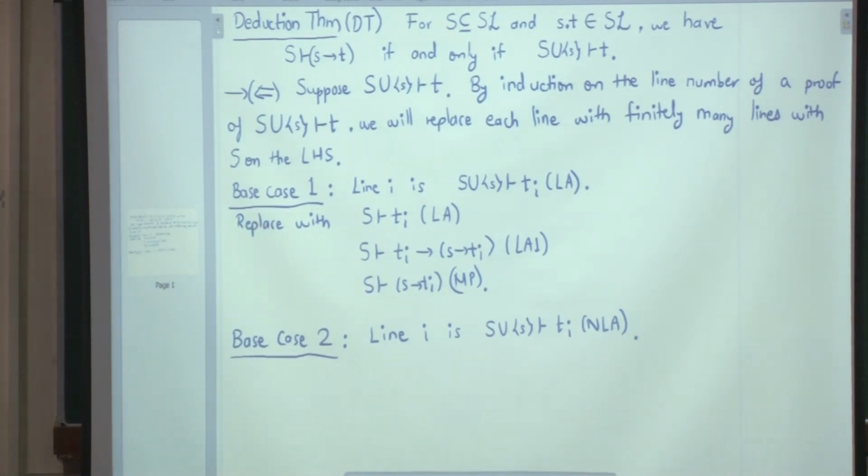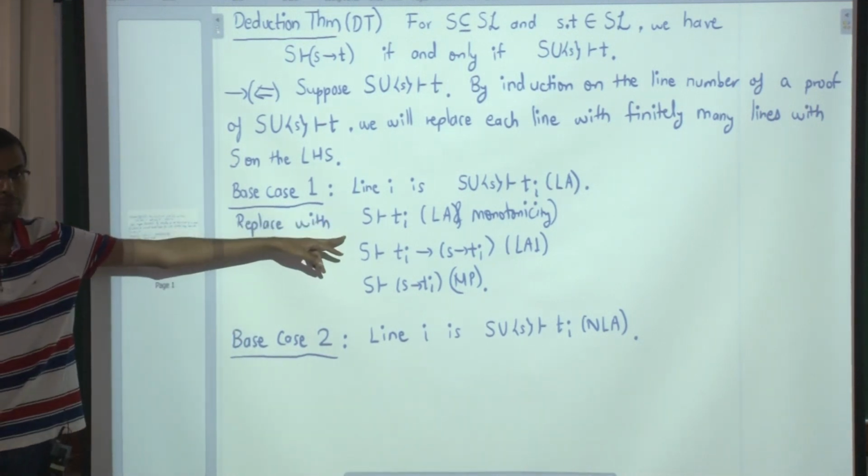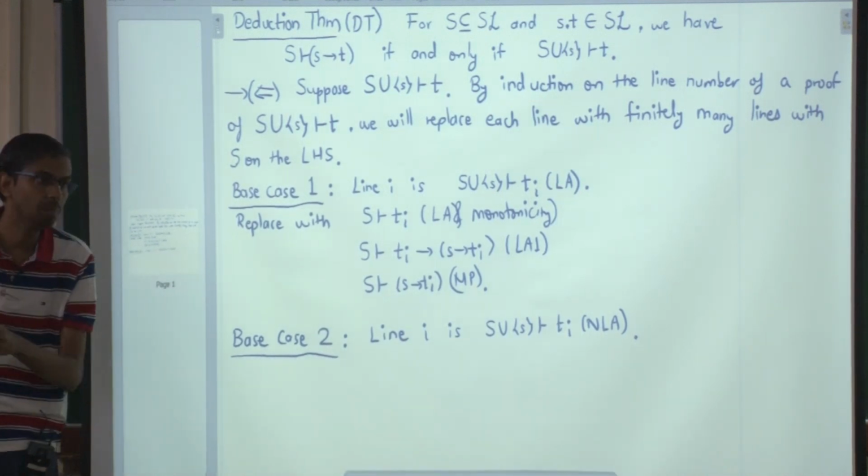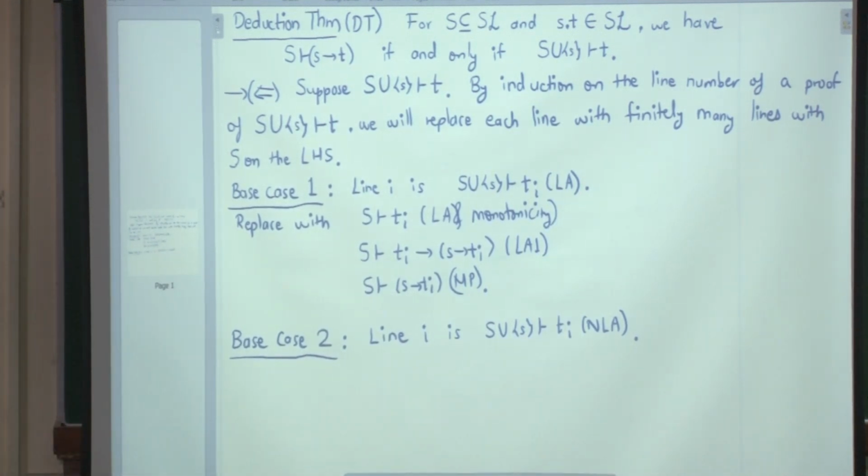So right now we already covered base case 1. If the reasoning for line number i is LA, then by monotonicity and LA we can conclude S proves Ti, then this is LA1, and from that by using MP we can get the goal.